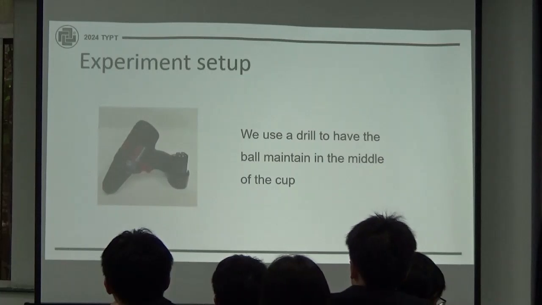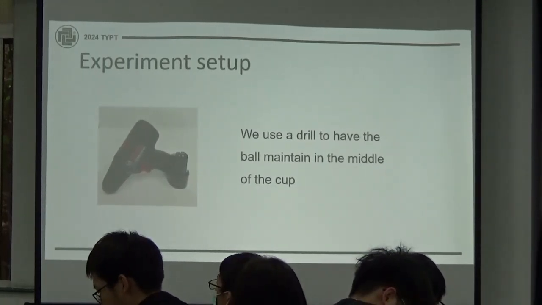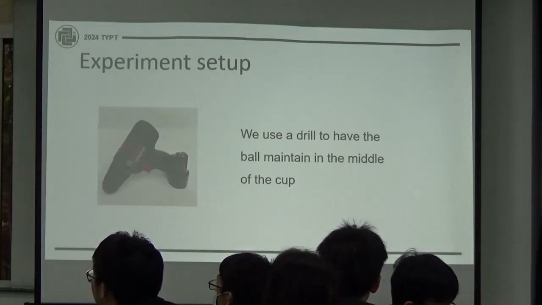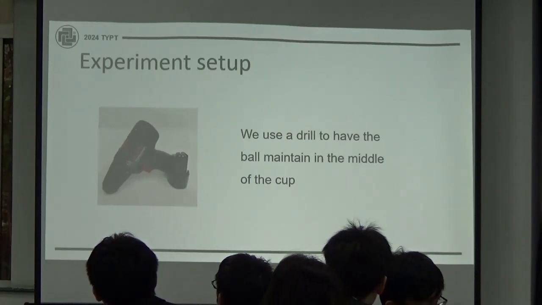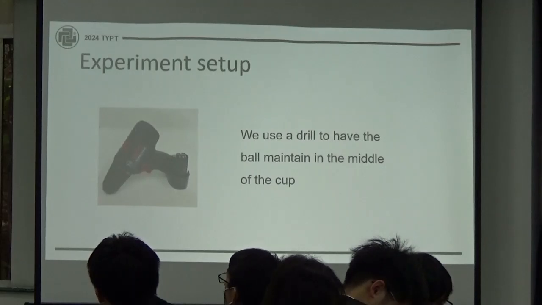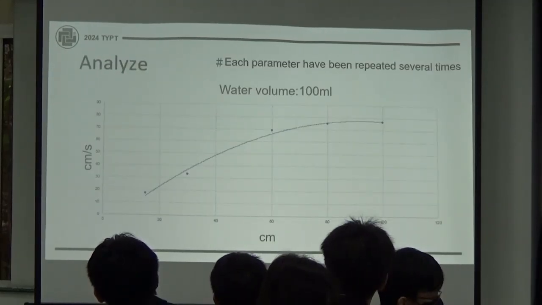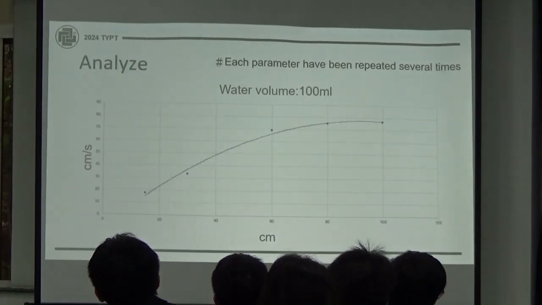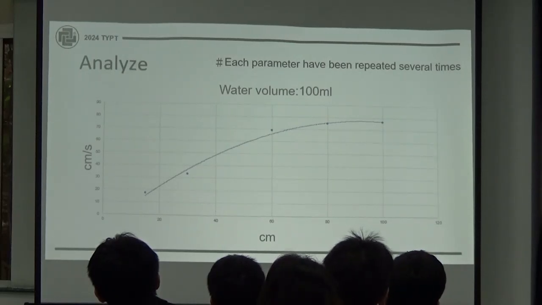Here I use a gel to supply a number of beads in the container to maintain the position of the ping pong ball. Here's the first experiment. We fixed our water volume at 100 ml and changed the release height.